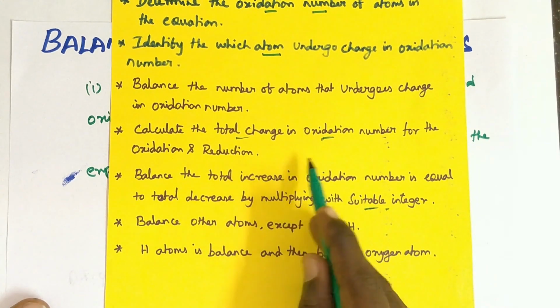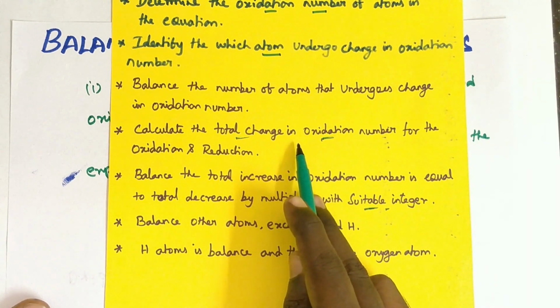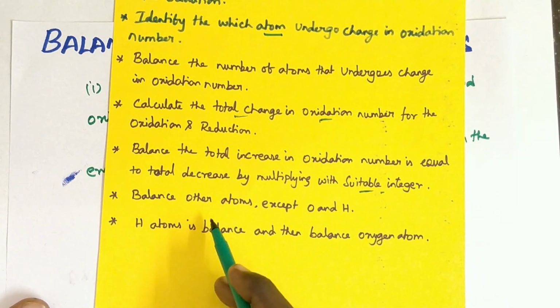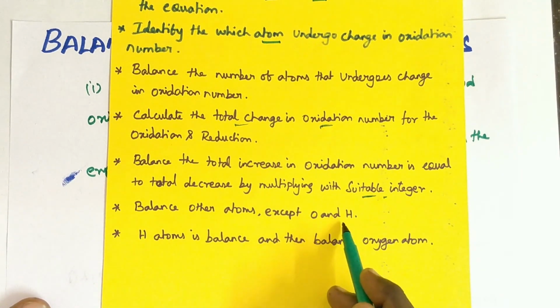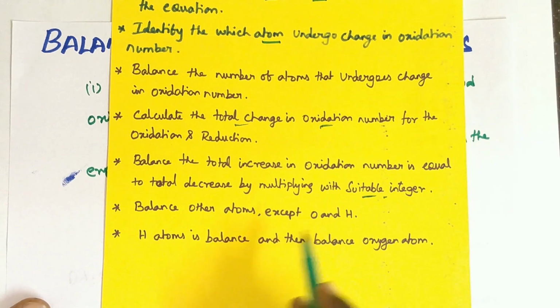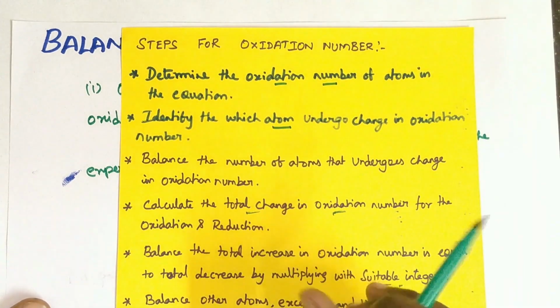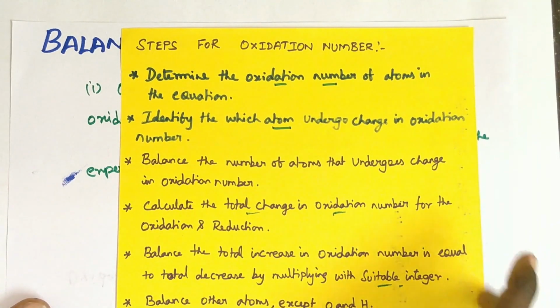Then balance the other atoms except oxygen and hydrogen. Last, first balance hydrogen and then balance oxygen. So these are the steps of the oxidation number method. Using these steps we will see one problem from the exercise.